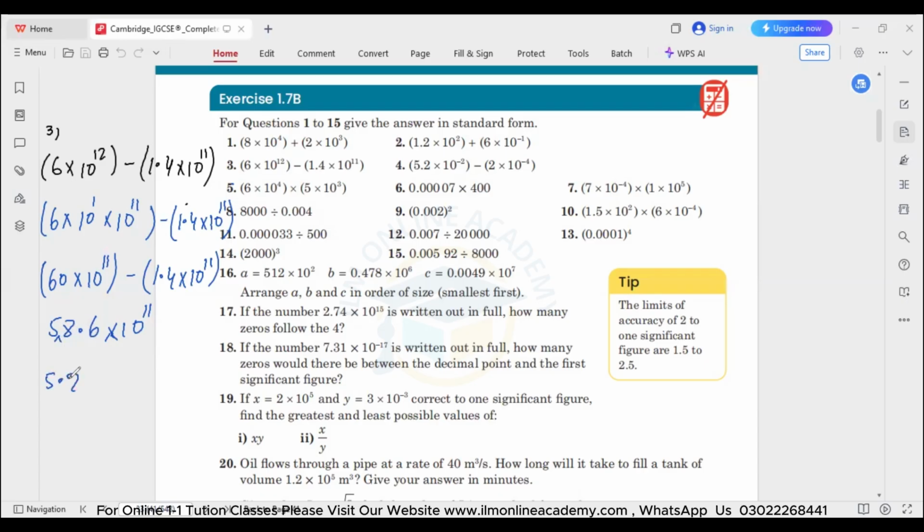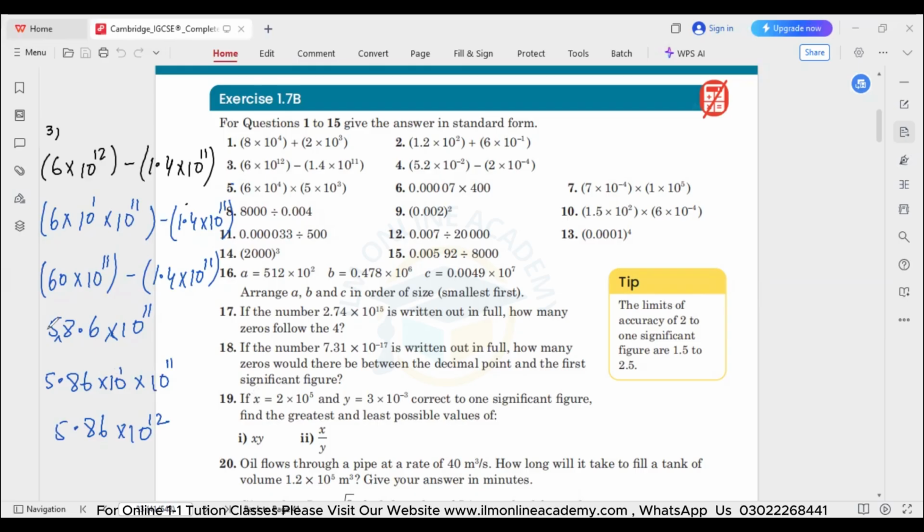So it will be 5.86, and between the point and the point we have only one number, so 10 power 1. Along with this 10 power 11, you can write as it is. So just make it 10 power 12. 11 plus 1, 12. So now at the end, I gave the answer in standard form. Okay. So hope this is clear.